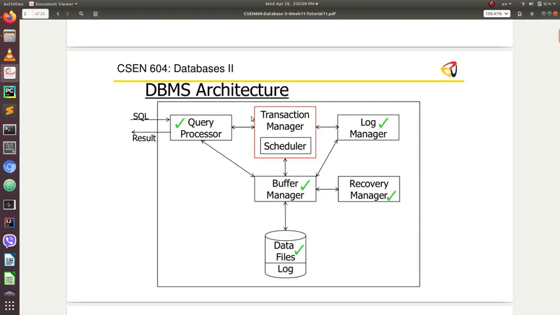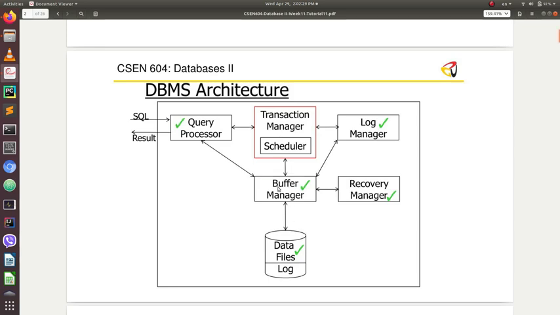Then the SQL will enter the transaction manager in the form of a transaction, and the transaction manager will schedule how to execute the current transactions in parallel through the scheduler.